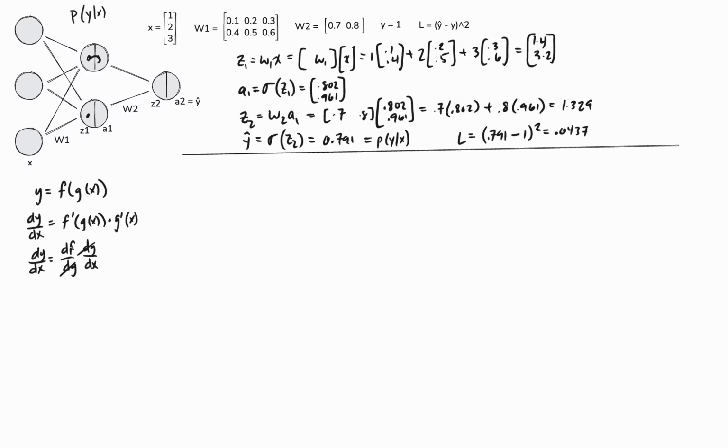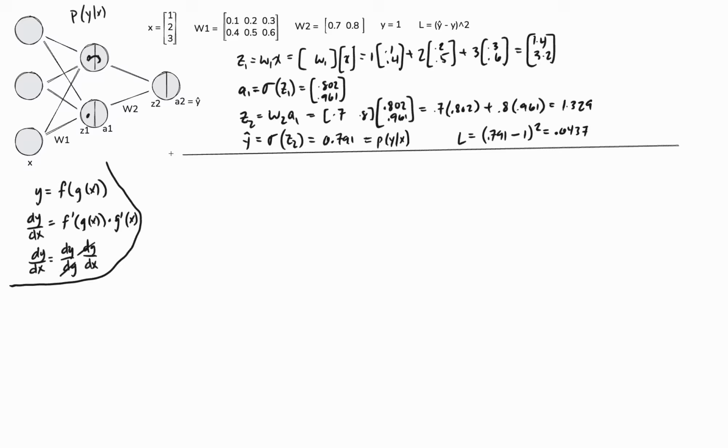Oh, one second. This mistake is supposed to be a y, of course. So dy/dg multiplied by dg/dx. The dg's cancel, it leaves you with dy over dx. Okay, so that's a nice way that we can think about it. And again, this is the core essence of backprop.